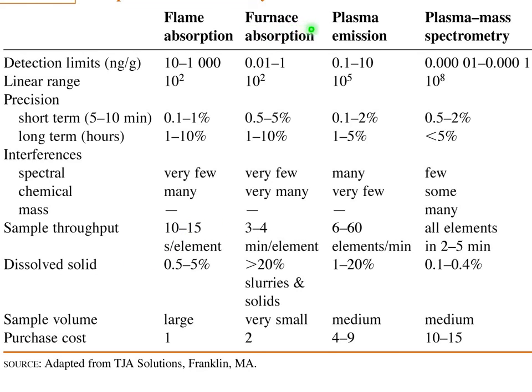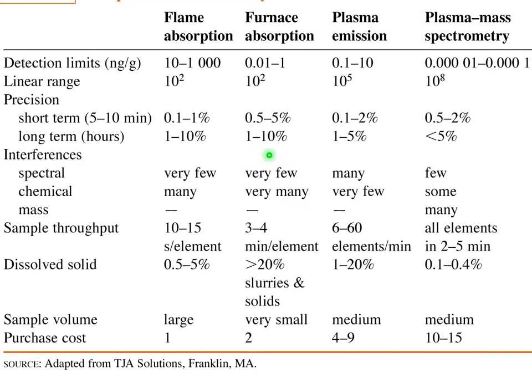If you run a furnace, graphite furnace atomic absorption, you can go for much lower detection limits. Precision is visibly worse. Obviously, if you are using a very small sample, it's difficult to work.